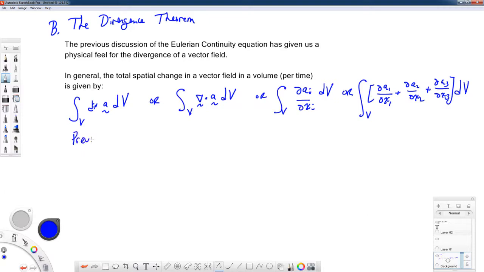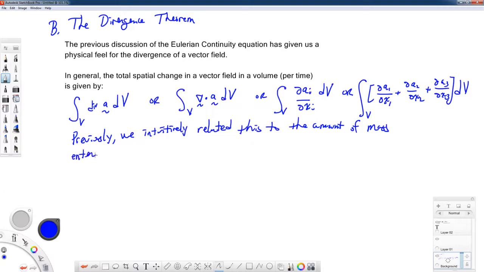So previously, then, we intuitively related this to the amount of mass entering the faces, or the surface area of our cube.